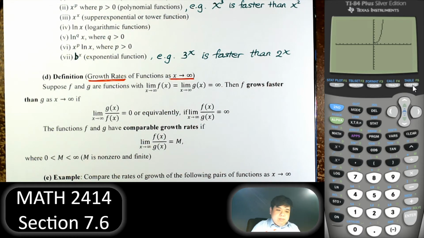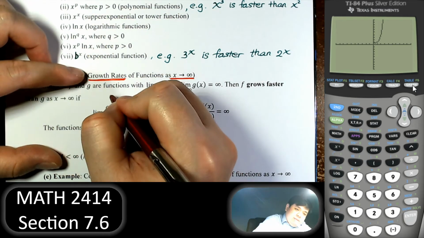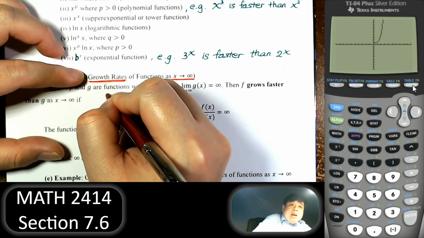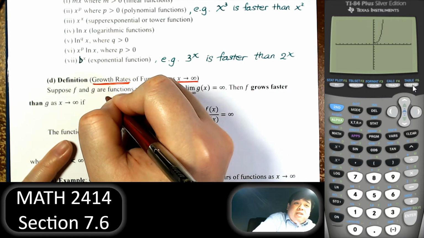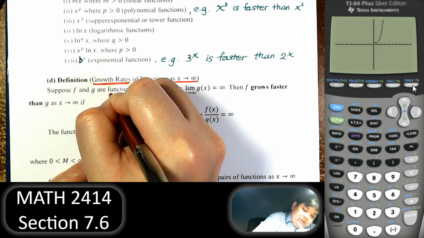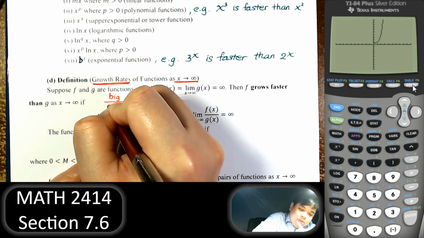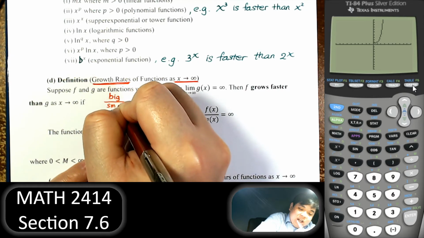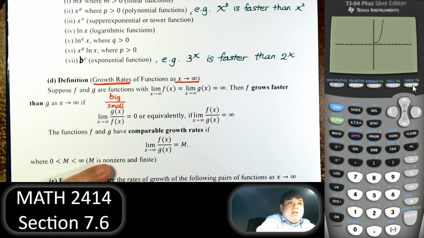Let's say we have a very big function. I should say fast or big, kind of the same thing here. So if we have a big function over something very small compared to it, the whole thing is going to have to be very big, right?